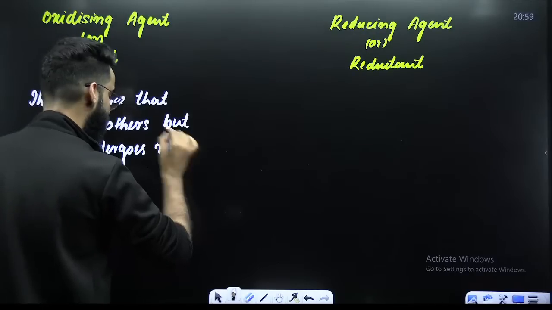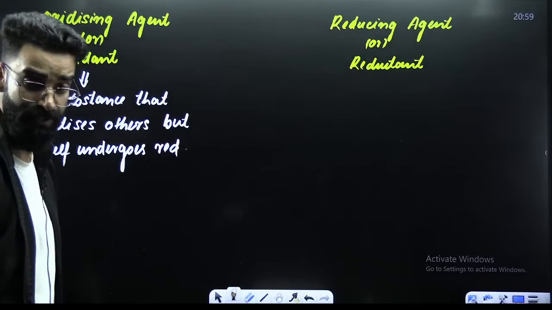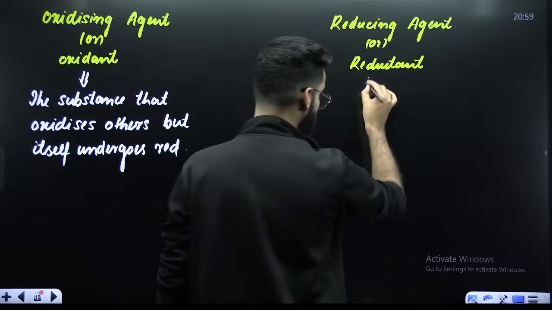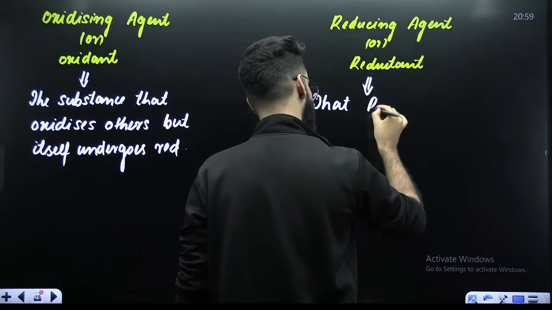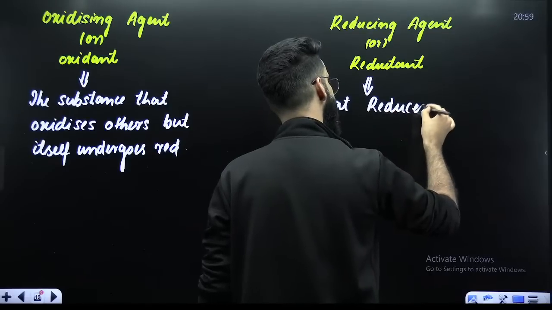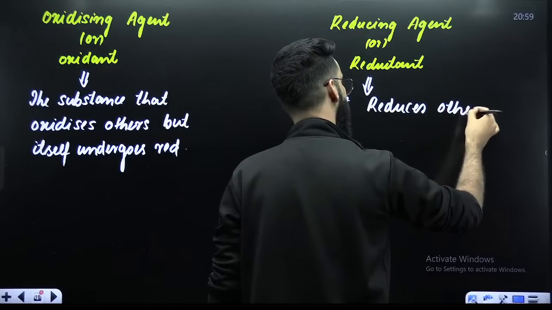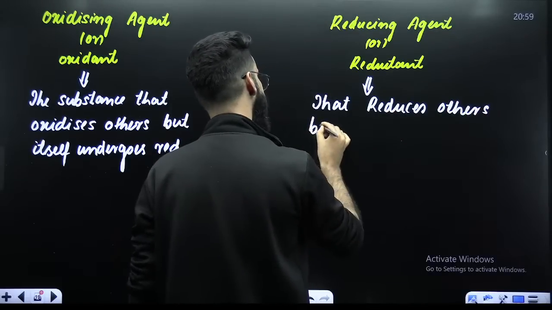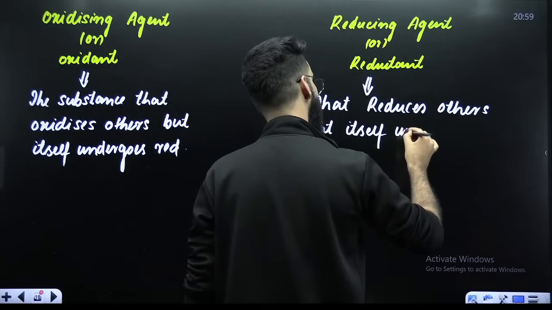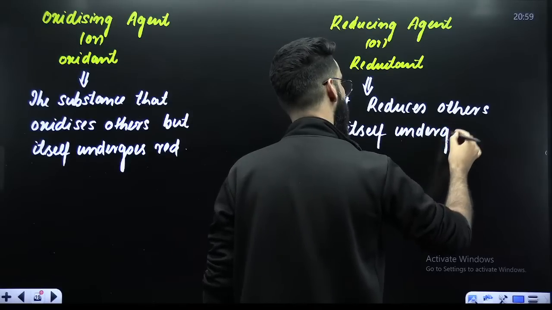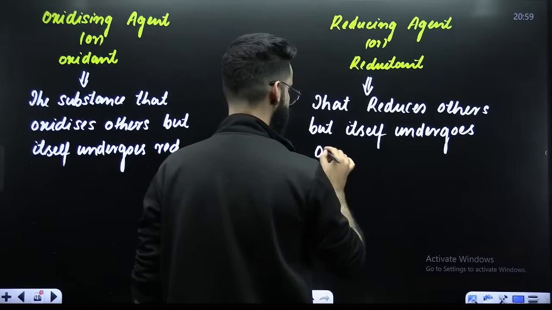The substance that oxidizes others, but itself undergoes reduction. Similarly, reducing agent is the one that reduces others, but itself undergoes oxidation.